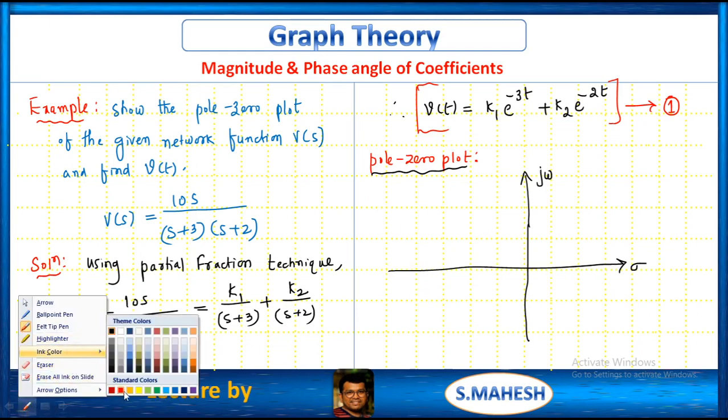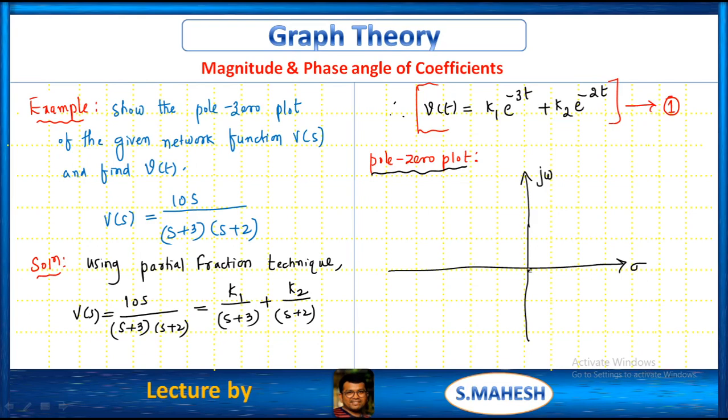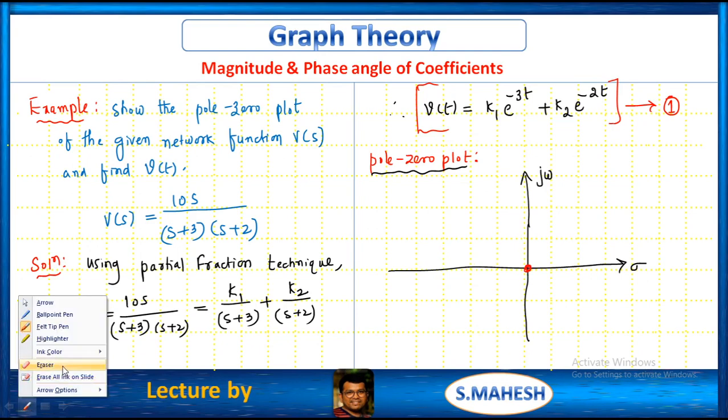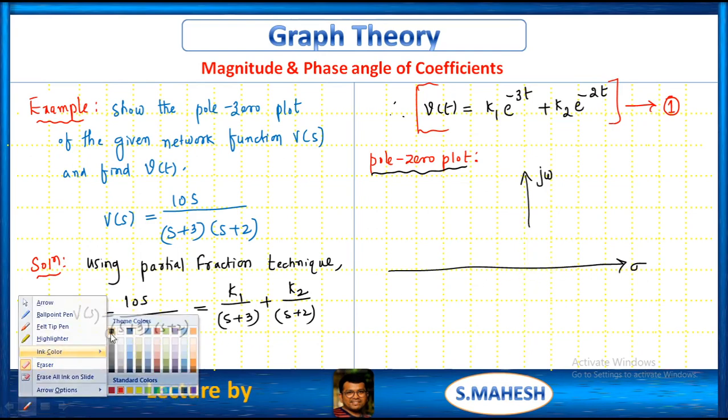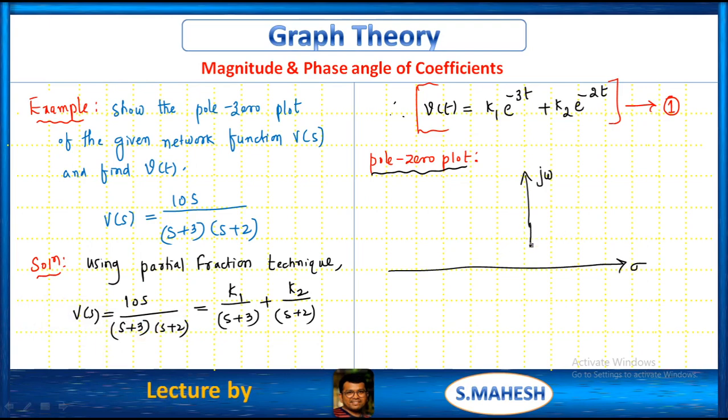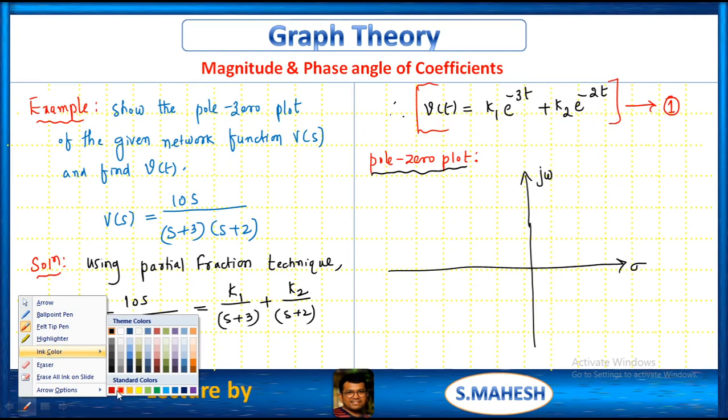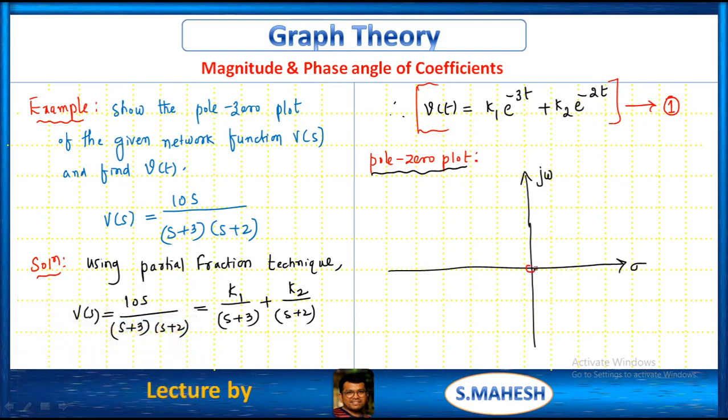How many zeros do we have here? One zero at the origin, represented with a small circle. Next, what about poles?